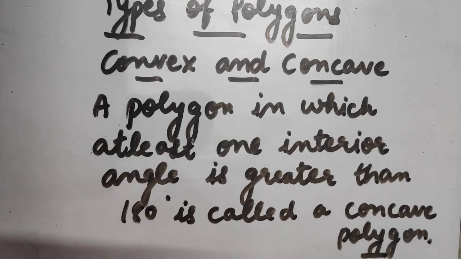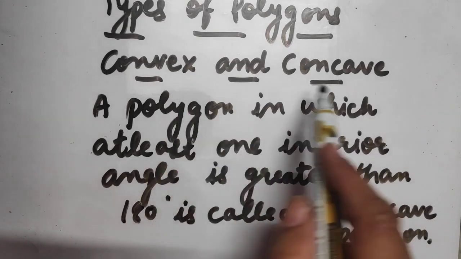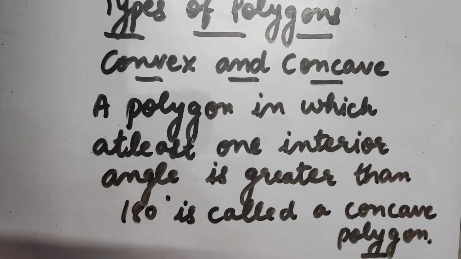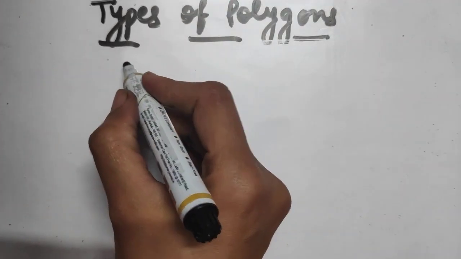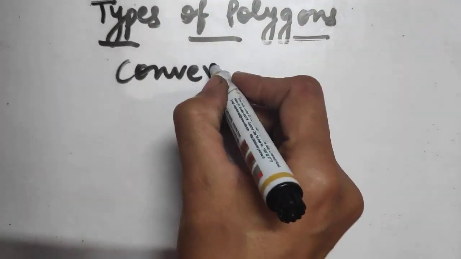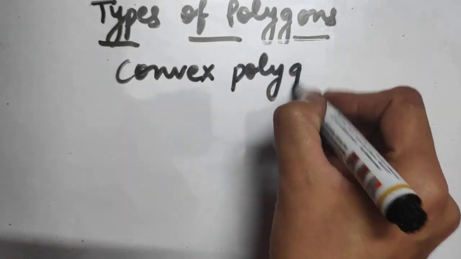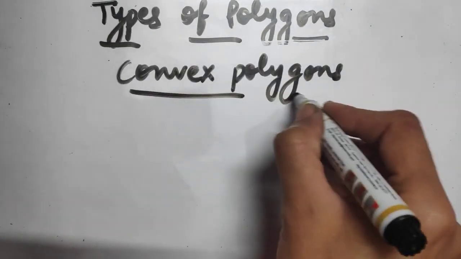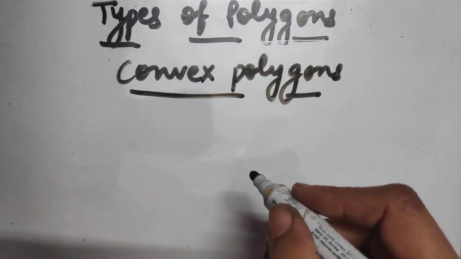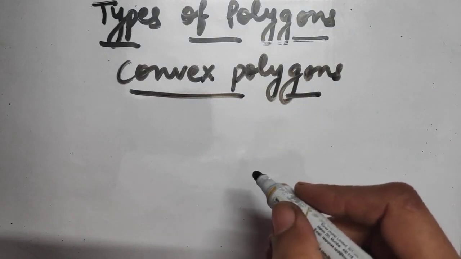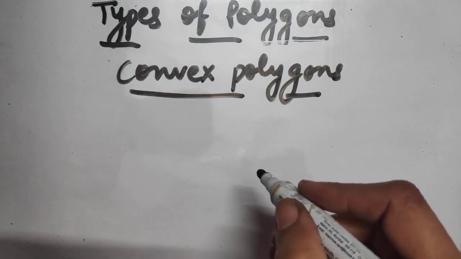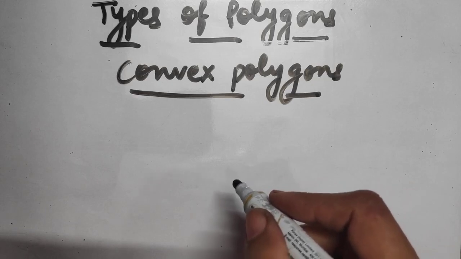So let us see the figures now of convex and concave polygons. Firstly, I am making the figures of convex polygons. As the definition goes, a polygon in which each interior angle is less than 180 degree is called a convex polygon.